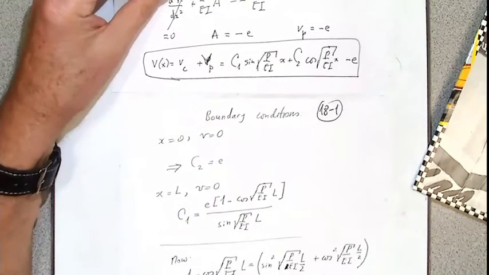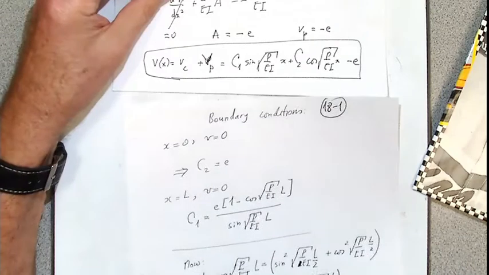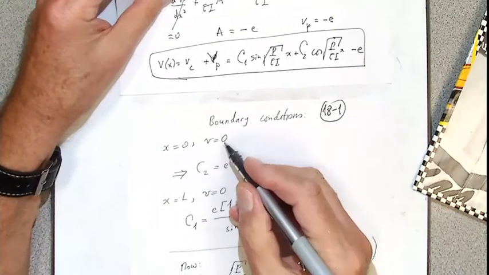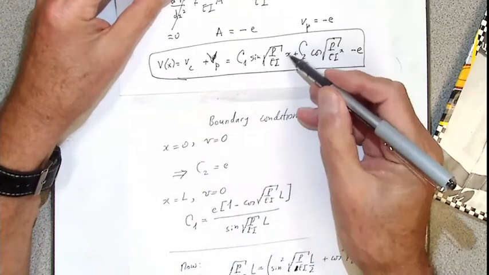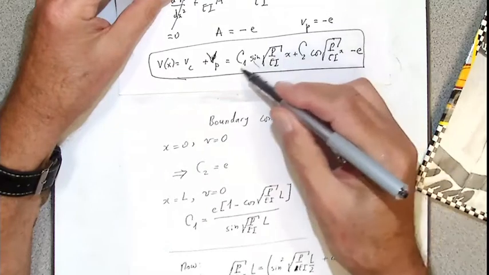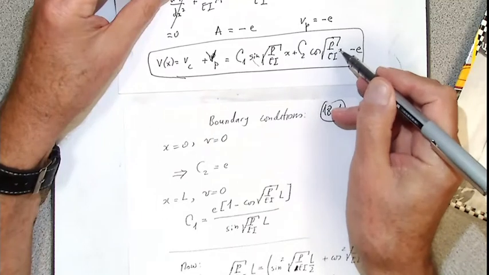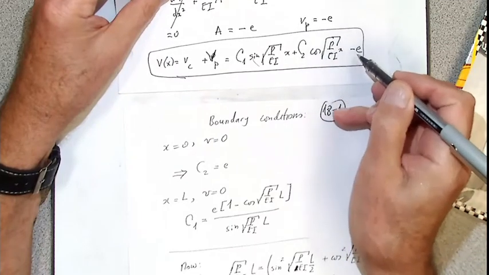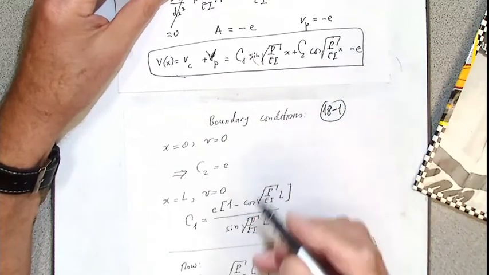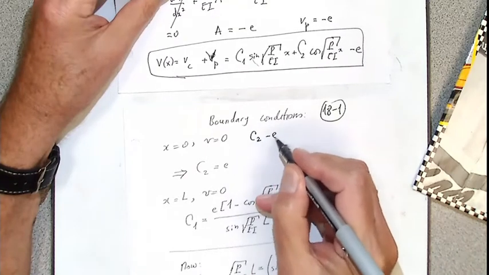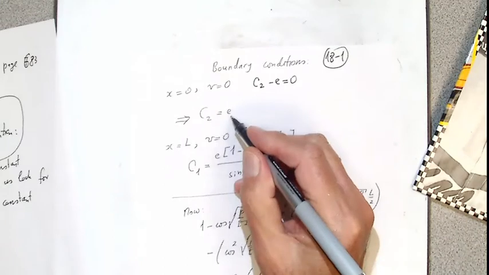So when x equals 0, then v is 0. So I substitute x equals 0, then sine of 0 is 0. This term is gone. C2 cosine of 0 is 1. C2 minus e equals 0. So we get C2 minus e equals 0. So then we get C2 equals e.